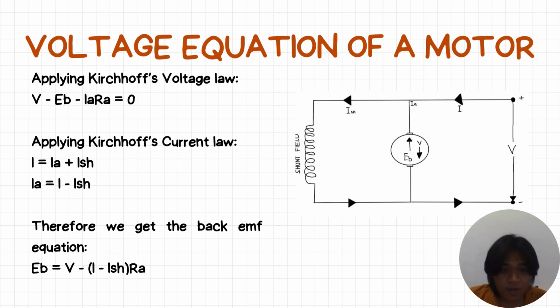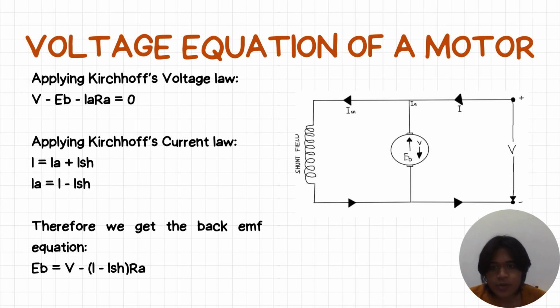Applying Kirchhoff's voltage law in the loop from positive to negative, where EB will be from the point of intersection of EB and the other side, we have V minus EB minus IA RA equals 0. Because, as we all know, the sum of voltages will always equal 0 in a closed loop.